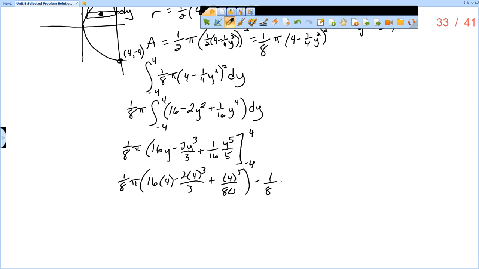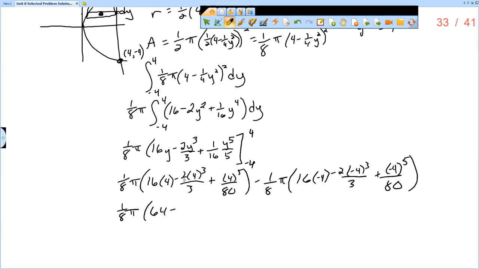Then minus the same expression with negative 4. So 1/8 pi, 16 times 4 is 64, minus 2 times 4 cubed, which is 128 thirds, plus 4 to the fifth, 1024, over 80.